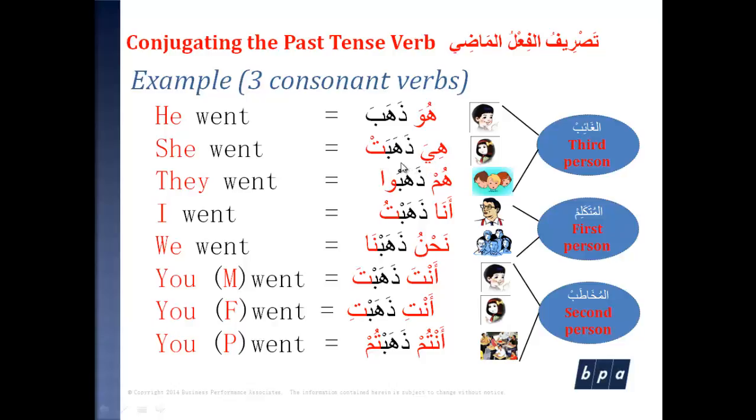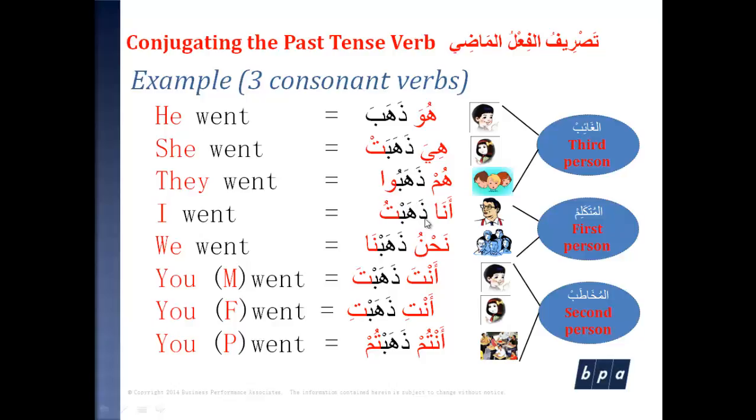If we wanted to say the third person plural, they went, hum dhahabu. We added a waw and an alif at the end. The last letter of the main verb, the ba, we changed that from a fatha to a dhamma. Dhahabu, hum dhahabu.